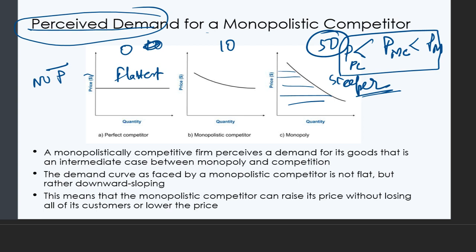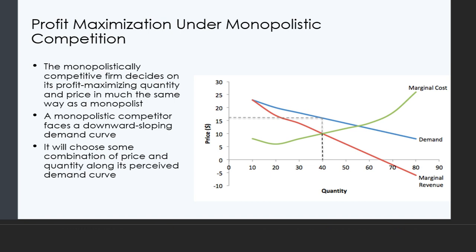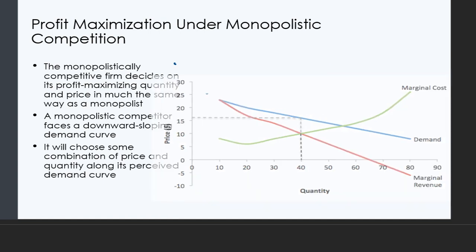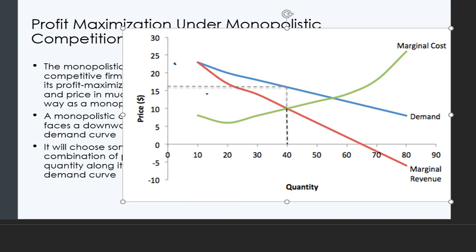Next is, now what is profit maximization under this? Okay, so the profit maximization is very important. For example, here we can see the diagram. Let me make it a little bit bigger. So in monopolistic competition, the demand curve is a downward sloping curve.